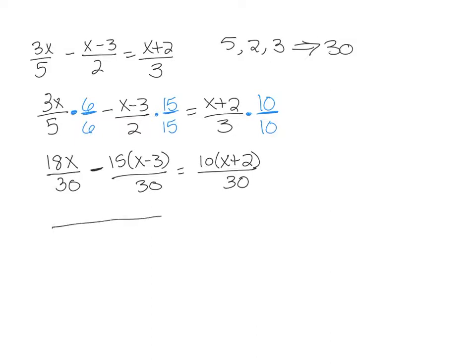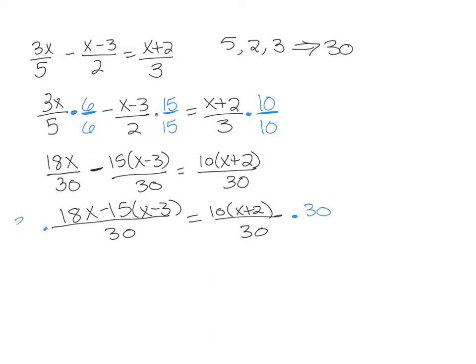So I can make this one fraction on the left, one fraction on the right, and frankly, if I multiply both sides of my equation now by 30, I'm keeping my equality because I'm doing the same thing to both sides, and multiplying and dividing by the same number is just multiplying by 1. So you see that the equation is only in the numerator in the first place.